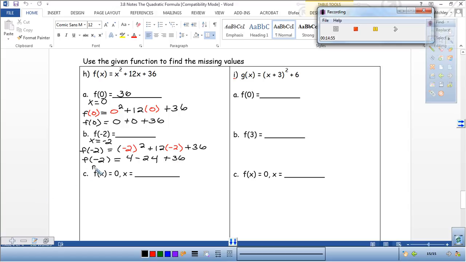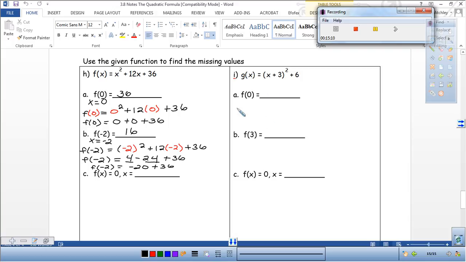So then this gives me f of negative 2 equals 4 and negative 24 is negative 20 plus 36. Negative 20 plus 36 is 16. So when x is negative 2, y is 16. Any questions over that? Okay.